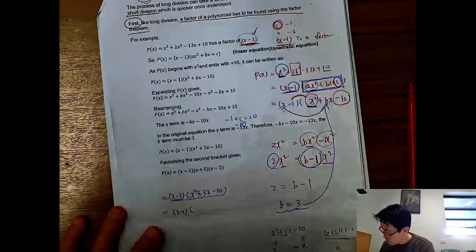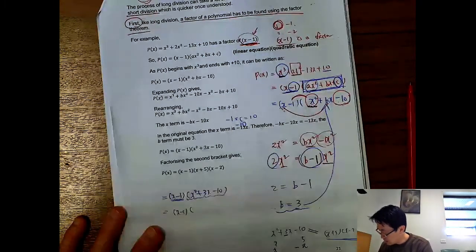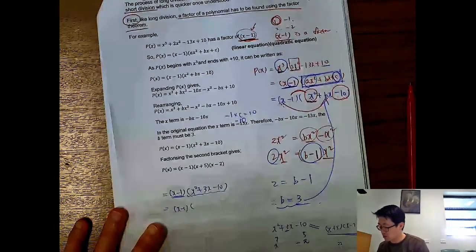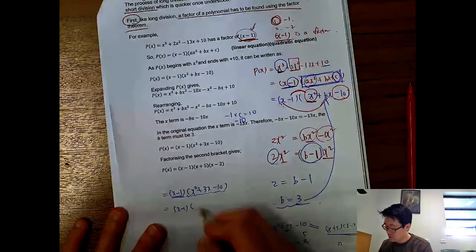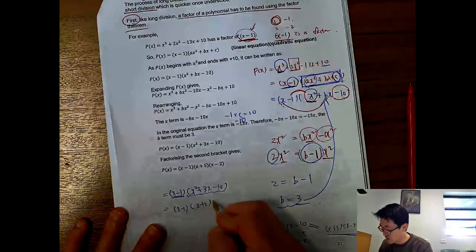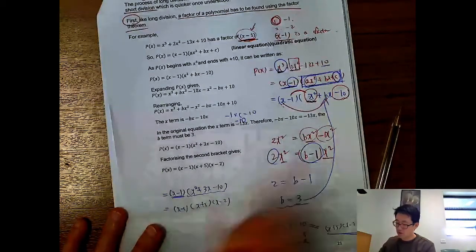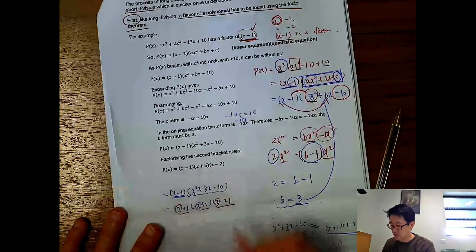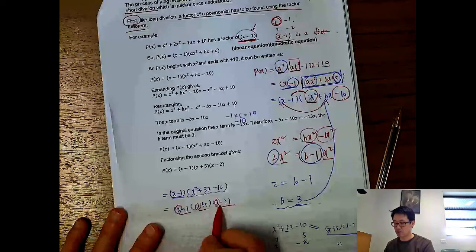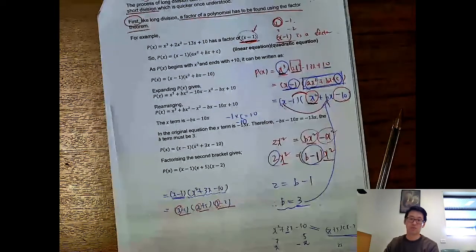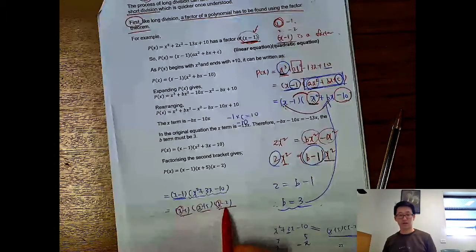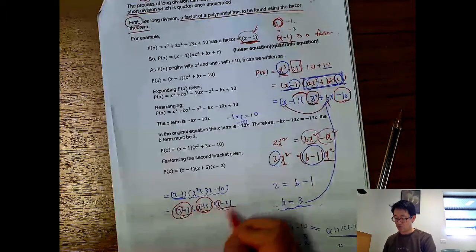So x squared plus 3x minus 10, when I factorize it, I get x plus 5, x minus 2. I just plug in here x plus 5, x minus 2. Linear, linear, linear. So I get 3 linears. x times x times x, that's why I got x cubed. I have 3 factors: 1, 2, 3.